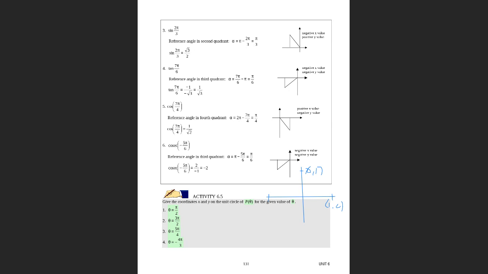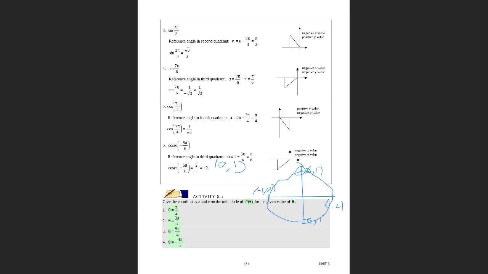The point here will be -1 and 0. And the point here will be 0 and -1. So the circle will be like this. I cannot draw it to scale. So now, when theta is equal to pi over 2, the point is 0 and 1.